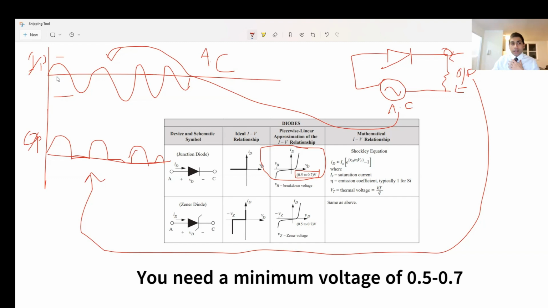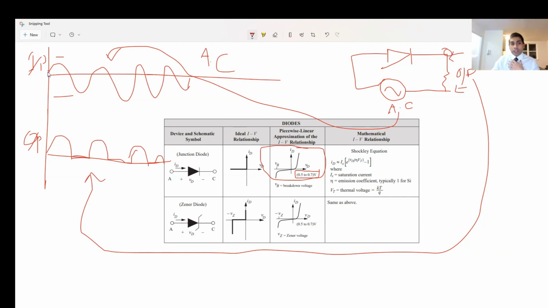What I mean by that is, unless my value of input reaches at least 0.5, or in certain cases 0.7, it would not conduct. I hope I'm making sense on this one.